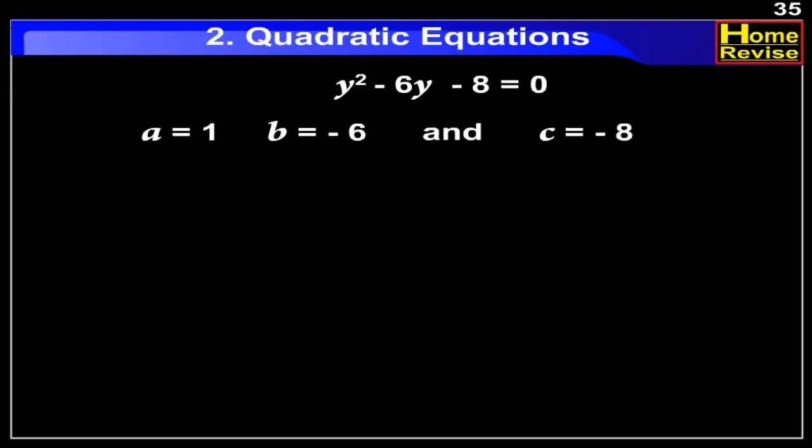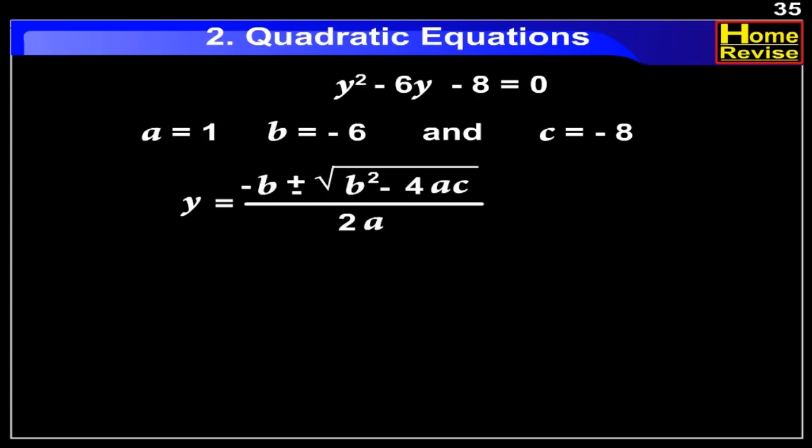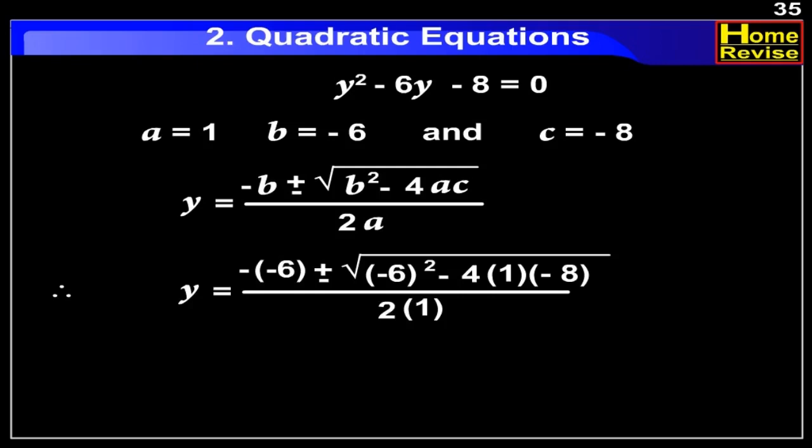By using the formula y is equal to minus b plus or minus under root b square minus 4ac upon 2a. Therefore, y is equal to minus in bracket minus 6 plus or minus under root minus 6 square minus 4 into 1 into minus 8 upon 2 into 1.